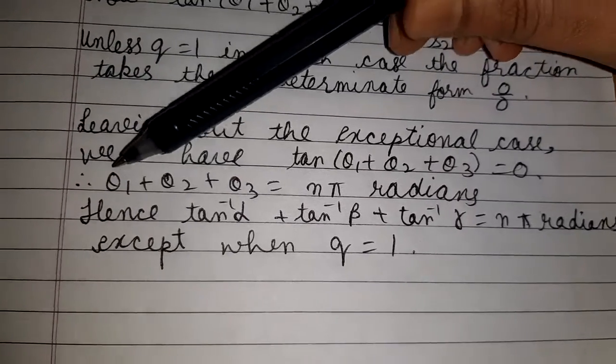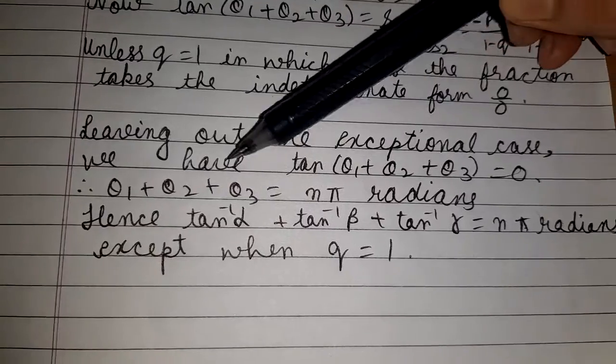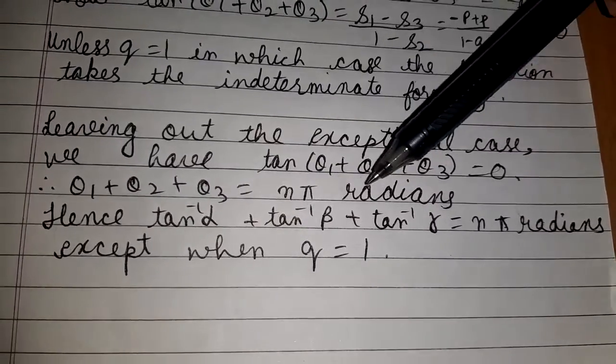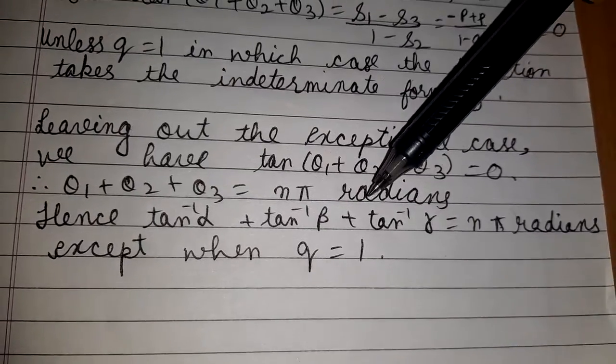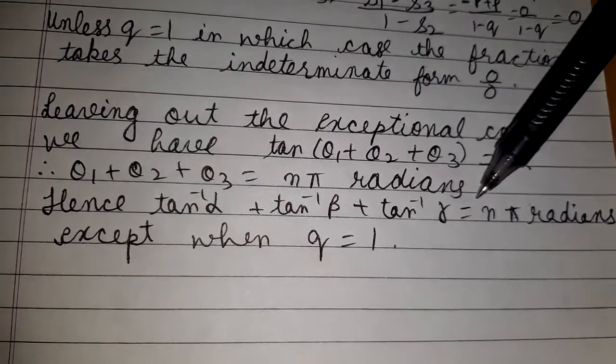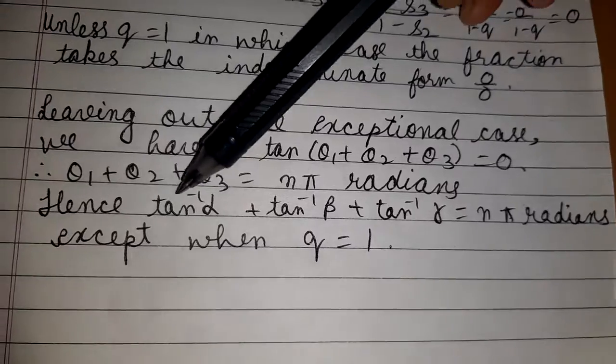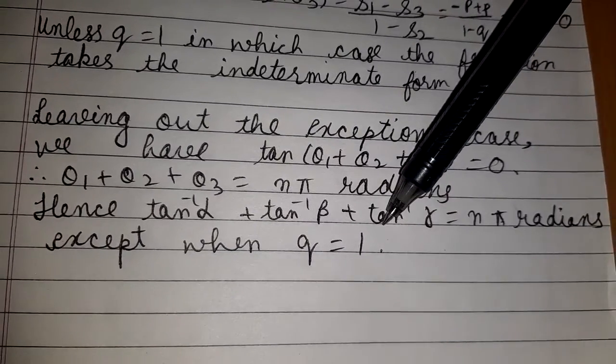Therefore, the value of theta 1 is tan inverse alpha, theta 2 is tan inverse beta, theta 3 is tan inverse gamma. Hence, tan inverse alpha plus tan inverse beta plus tan inverse gamma equals n pi radians, except when q equals 1.